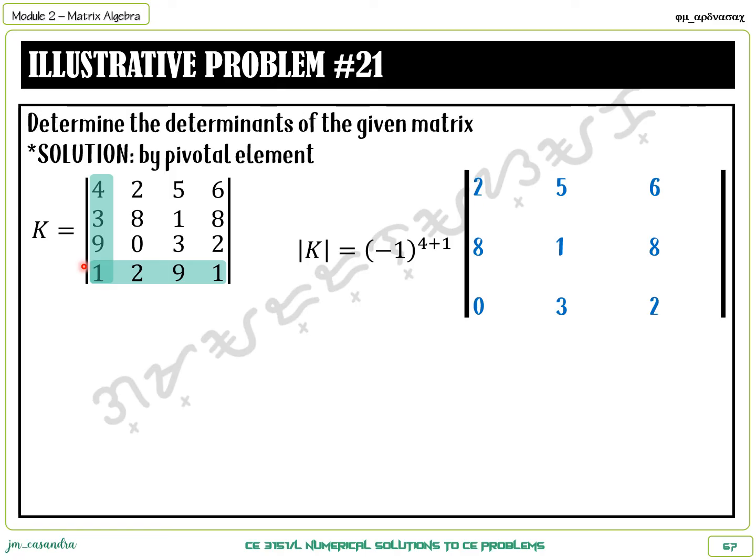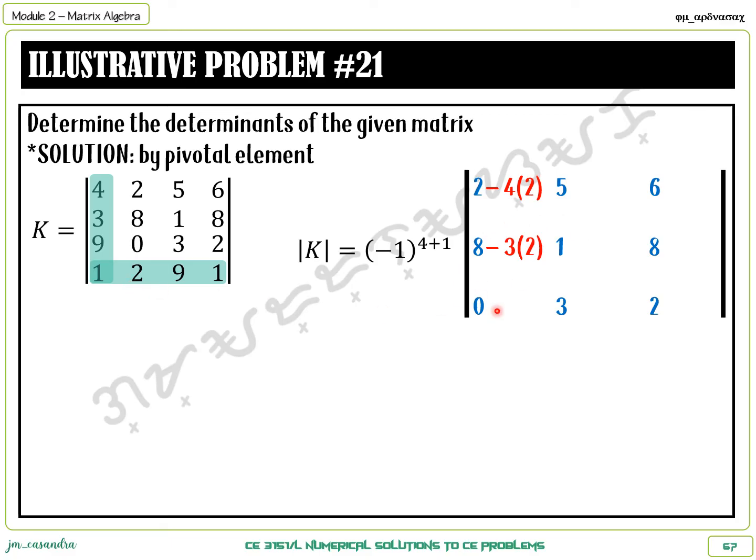And then for each of the elements in the minor matrix, I will be subtracting the product of the elements that would intersect the element. So for 2, it will have 4 and 2. Okay, so that will be minus 4 times 2. So next element, we have 8. That's 3 times 2.